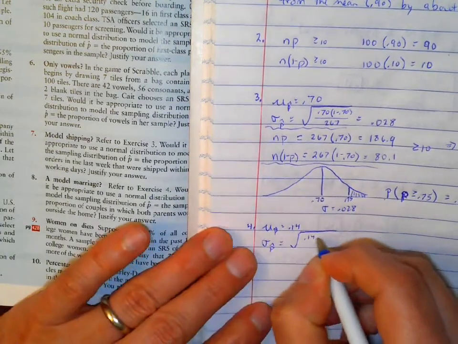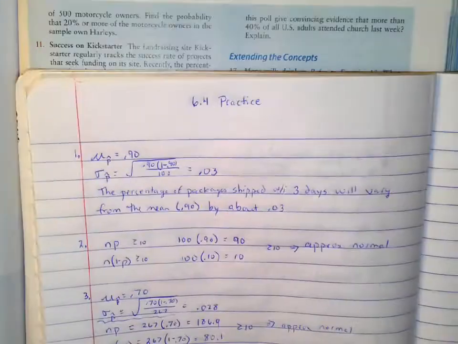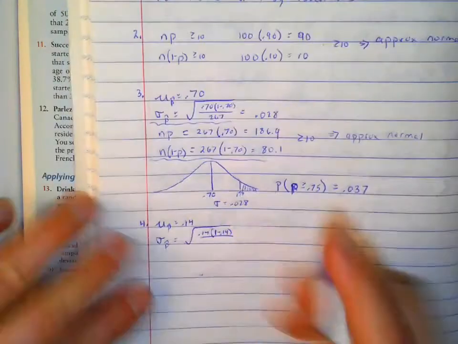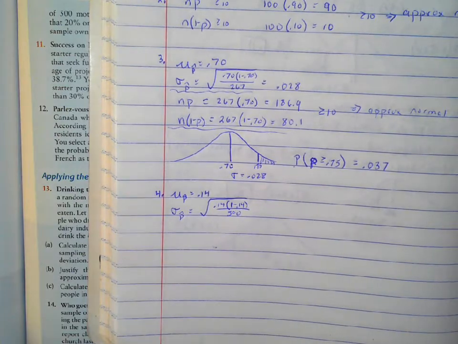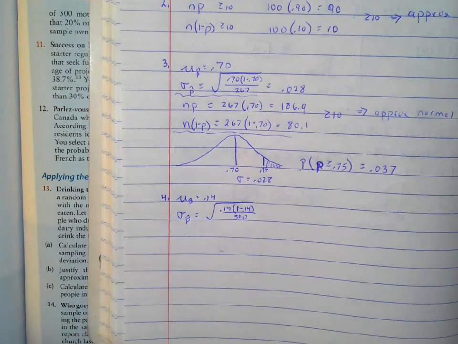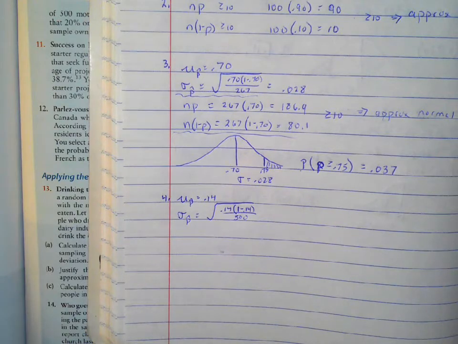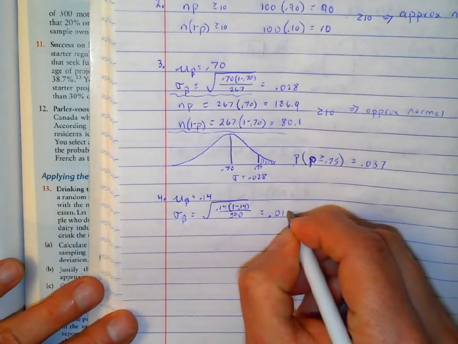For the standard deviation, we're going to sample 500 motorcycle owners, so divide by 500. I get a standard deviation of 0.0155.